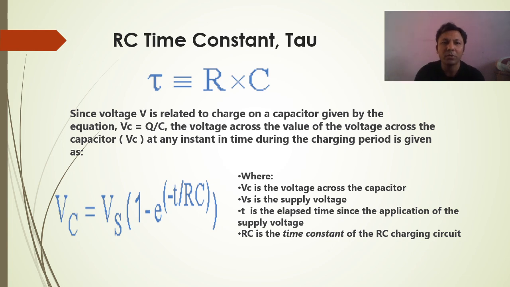And the voltage across the capacitor at the RC time constant is Vs into 1 minus e raised to minus t upon R into C. This equation is used in network theorems, when you solve examples of transients.